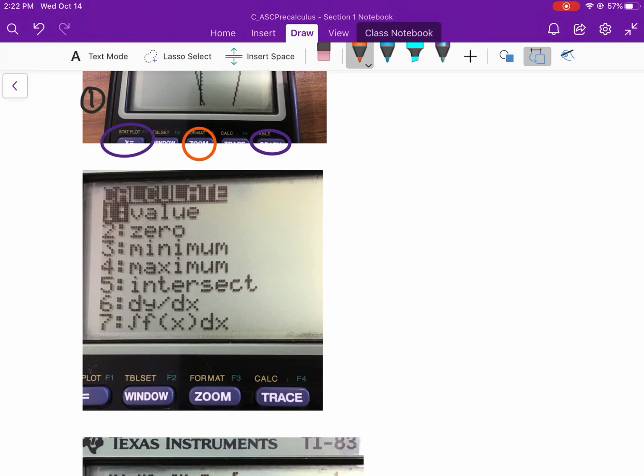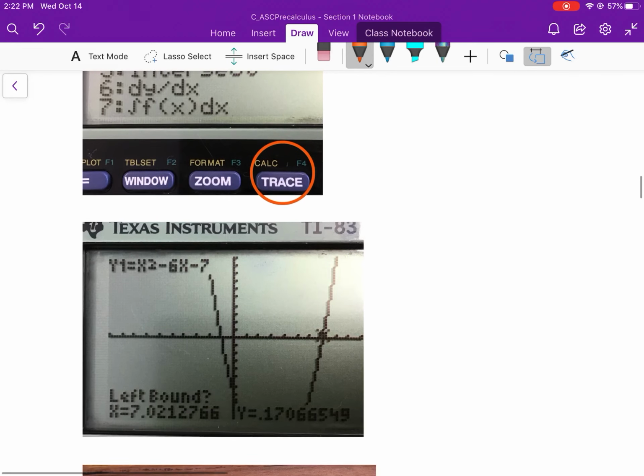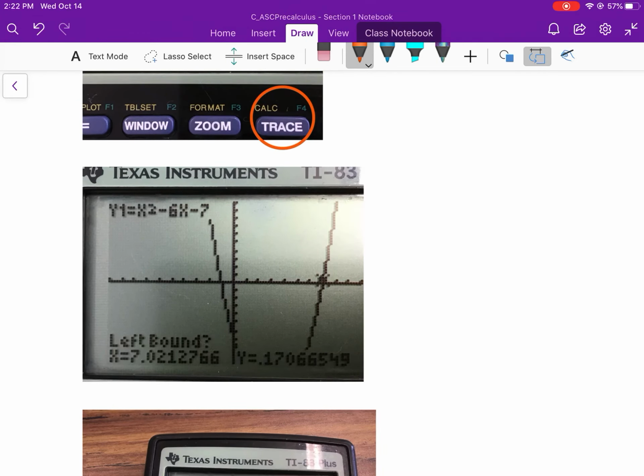Once you've graphed it, you go to second calc. You see the calc above trace, so you do second calc, and this is the menu that pops up. You want to choose number 2, zero. You're looking for the zero. Once you do that, you get this screen, and it asks you for the left bound. The left bound is left of your root.